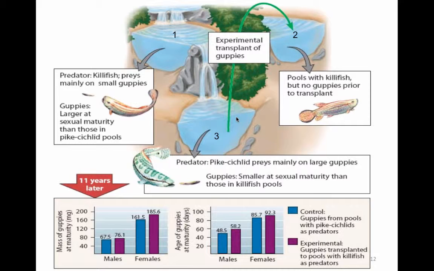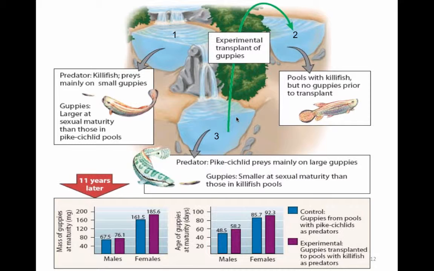The horizontal axis distinguishes between males and females. And the blue color says that the guppies are living in pool 3 with the pike cichlid, the control group. The purple says that the guppies are living in pool 2 with the killifish, the experimental pool.